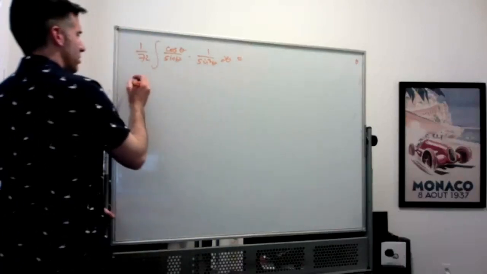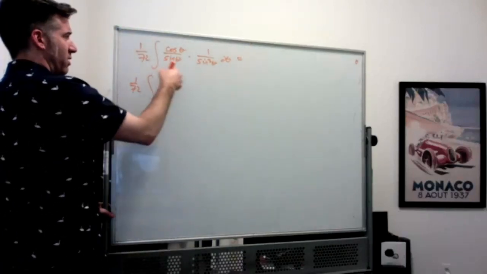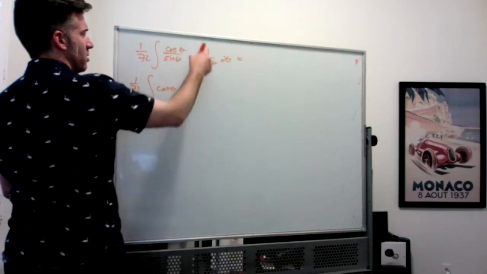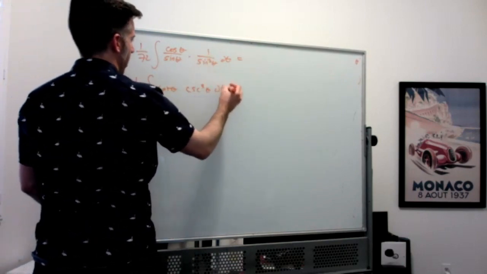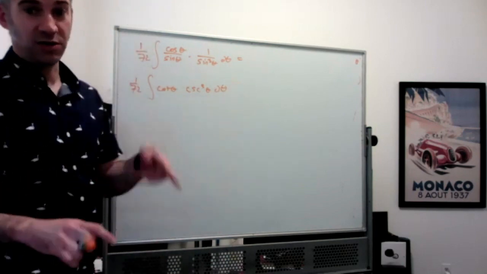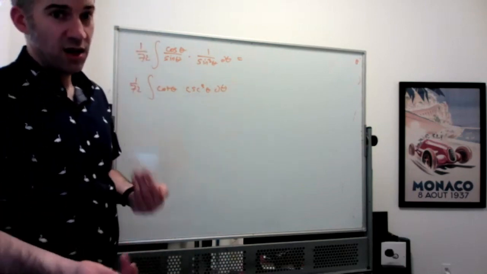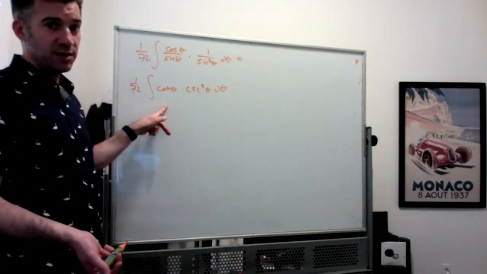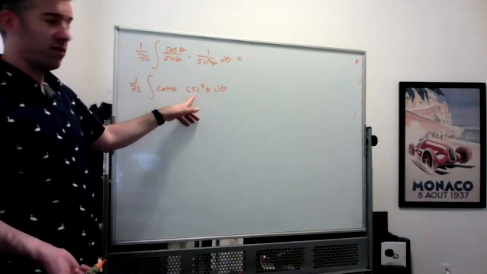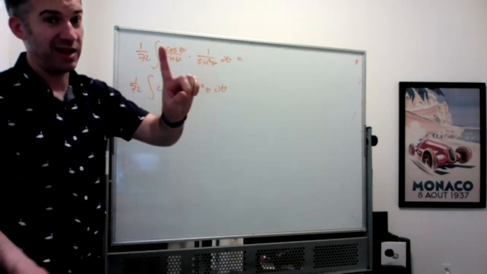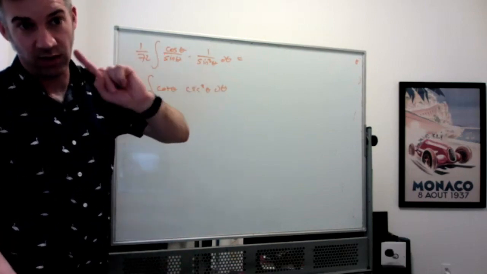Cosine over sine is cotangent. 1 over sine cubed is cosecant cubed theta. And now we have to make a choice. Do we let u equal cosecant or do we let u equal cotangent? Well, if we let u equal cotangent, our derivative is negative cosecant squared. And after we deal with taking out those two cosecants, we have an odd number of cosecants left over.